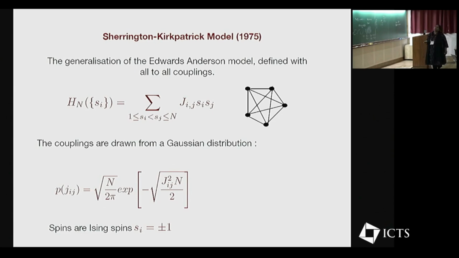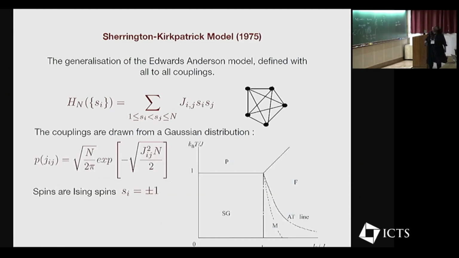There is a frustration in the system because these couplings J_ij are not the same for every interaction, but vary from one pair of interaction to another.